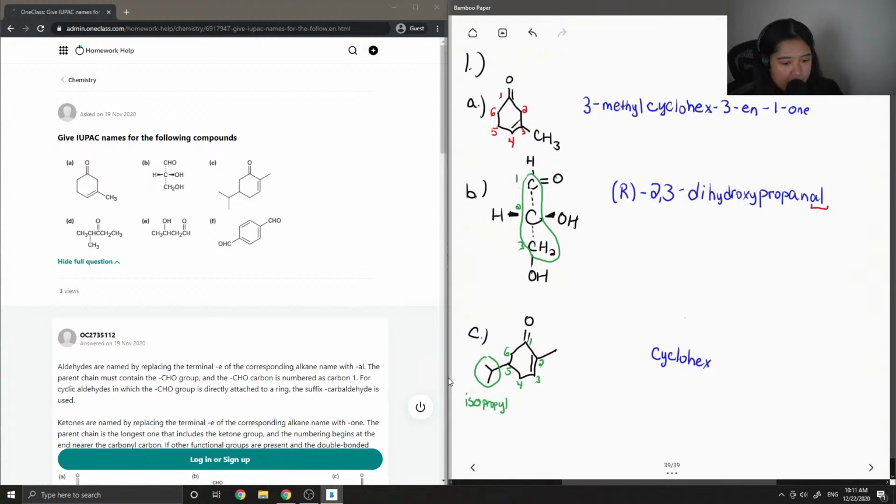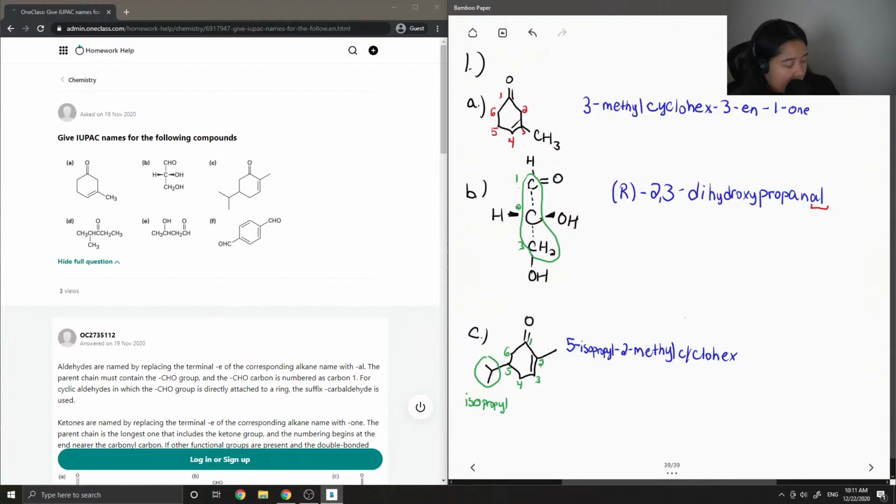So on carbon 5, we have the isopropyl group. And then on carbon 2, we have a methyl group. I don't think I'll fit 2-methyl. And now I can write this cyclohex.